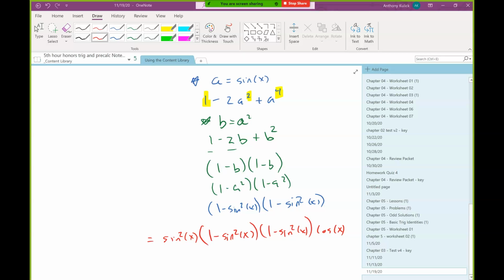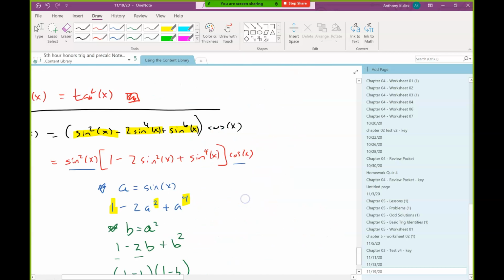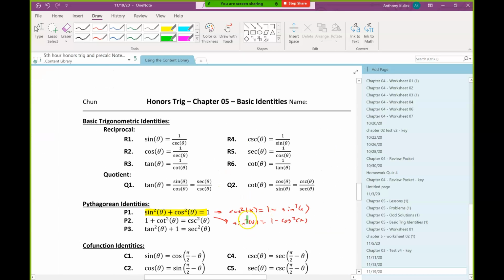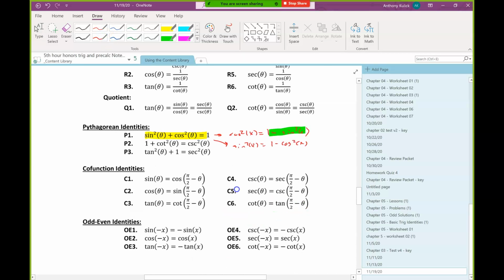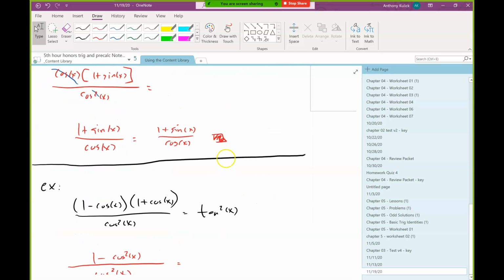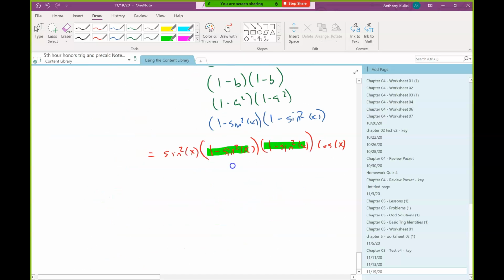Okay, so I noticed here, after we did that tricky factoring, that I'm left with this 1 minus sine squared, which I remember we had run into earlier. That 1 minus sine squared is equal to cosine squared. So I'm going to go ahead and use that identity to make that substitution. So that was P1, what we called P1 star, because it was a modified version of P1.